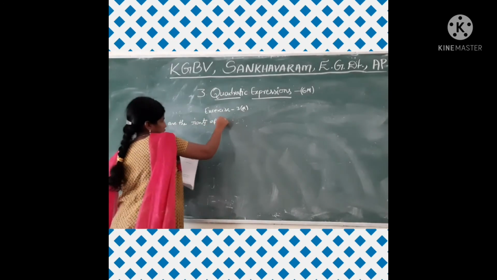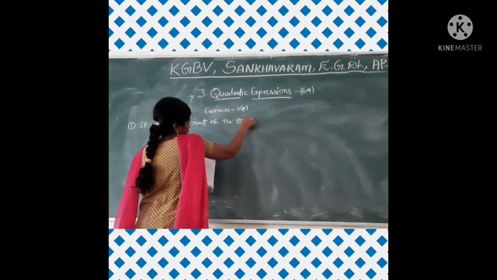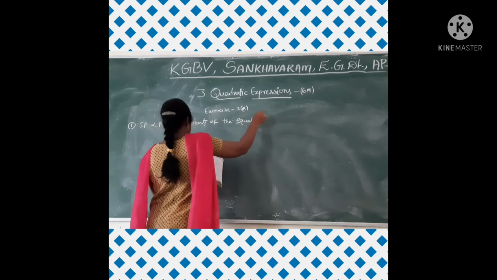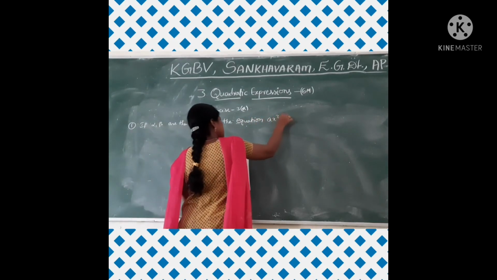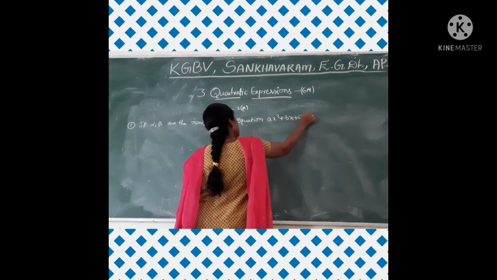Roots of the equation ax square plus bx plus c is equal to 0.